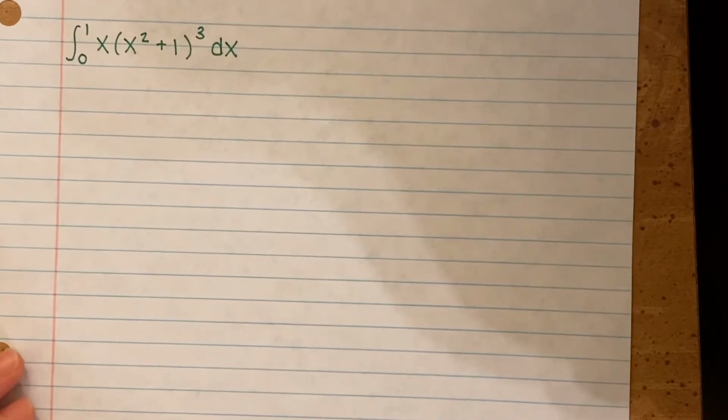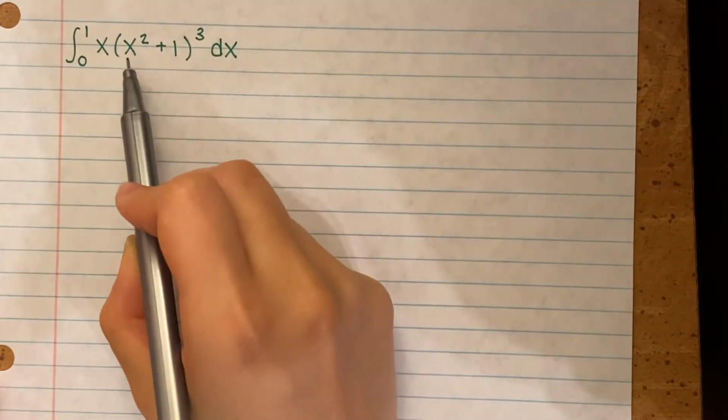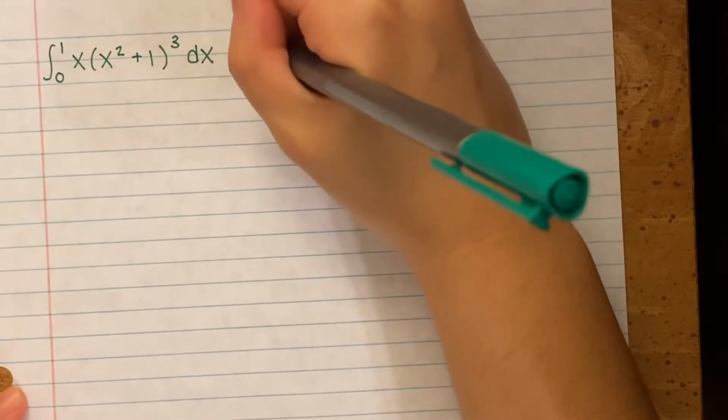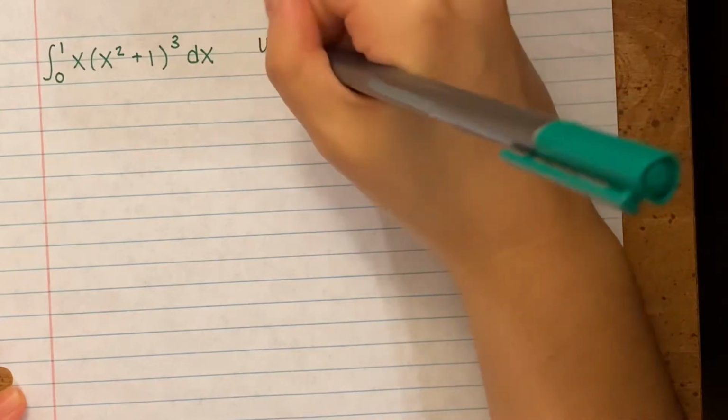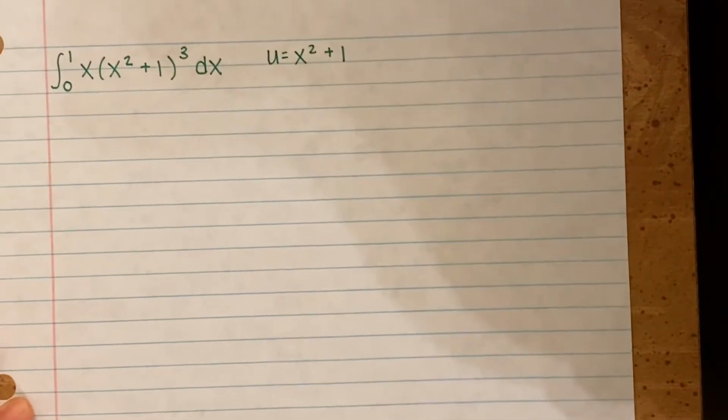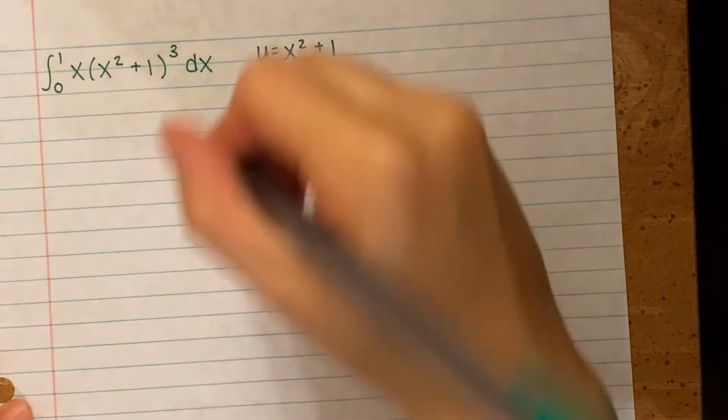So first I want to identify what my u is going to be. In looking at this problem, my u is going to be the innermost function, which is x squared plus 1. So I'm going to set u equal to x squared plus 1. Then I'm going to take my derivative.